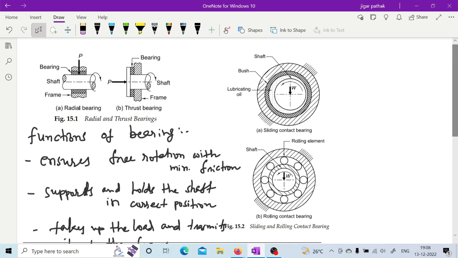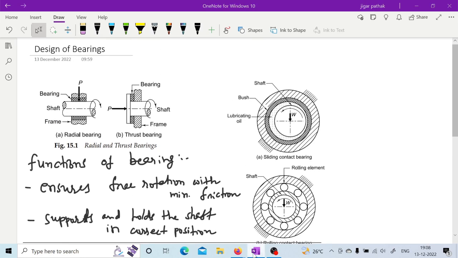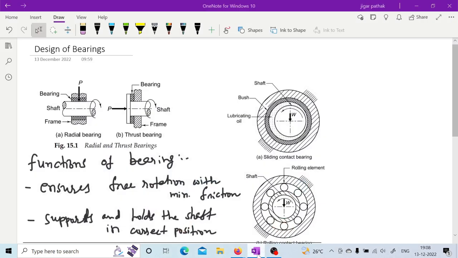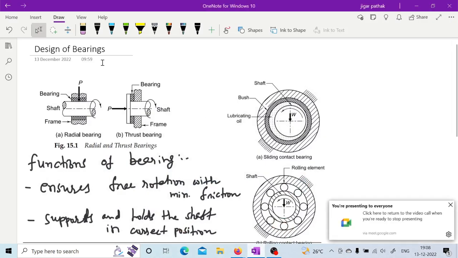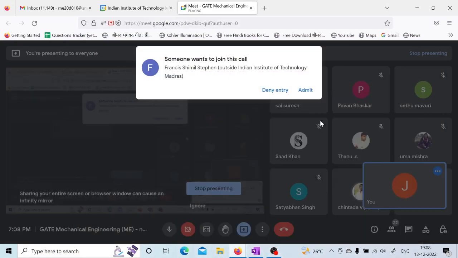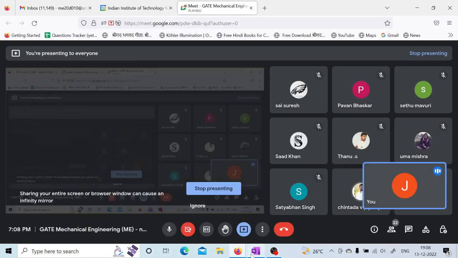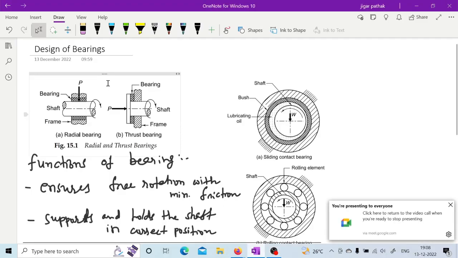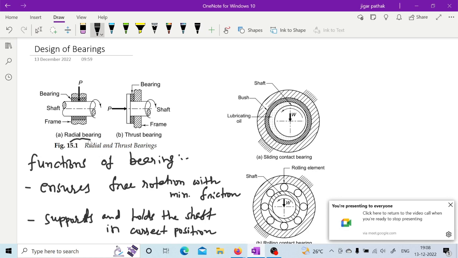Bearings may be classified based on various criteria. One of the criteria is the load acting on the shaft that the bearing can take up. If the load acting on the bearing is in the radial direction, then it is considered a radial bearing, as shown in this figure.